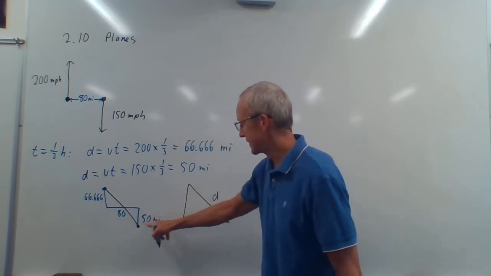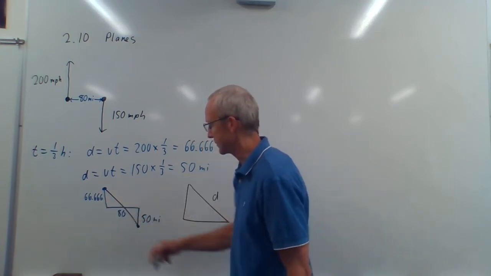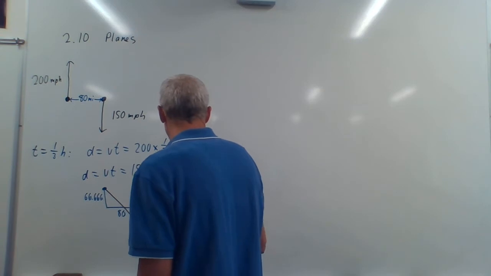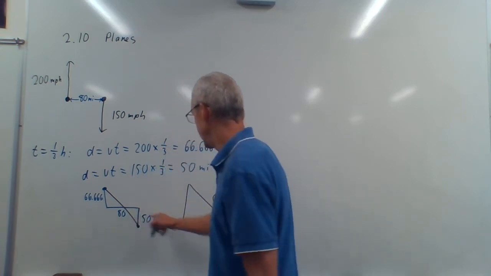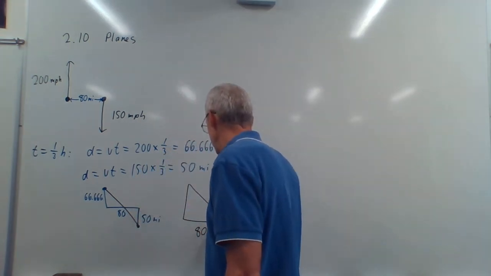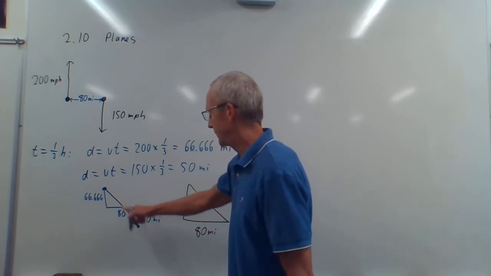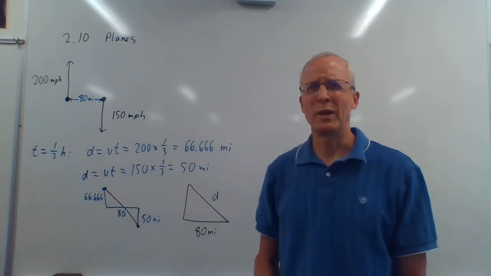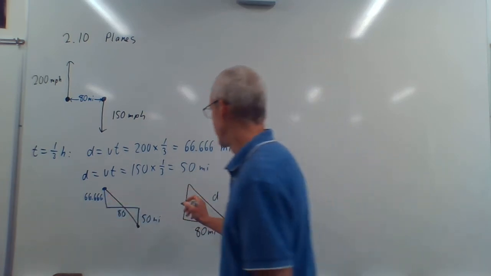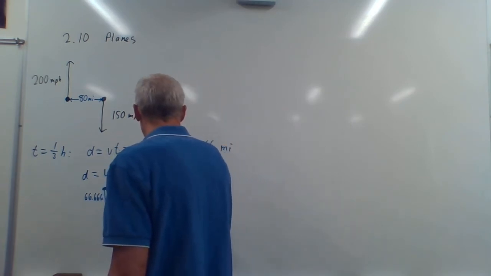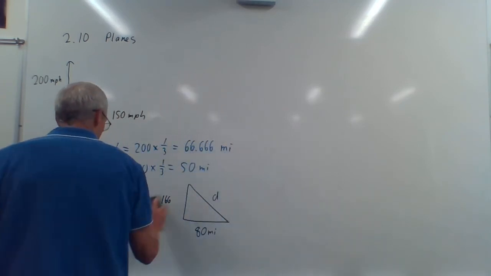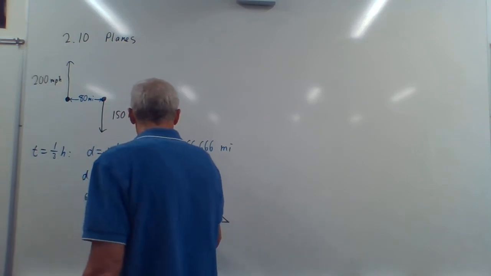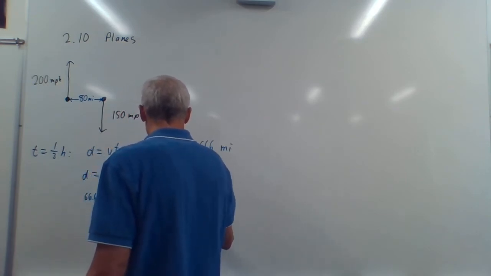The horizontal distance is 50 plus 66.66, right? And this distance here, they're still 80 miles apart that way. So 50 plus 66 would be 116. Oops, not 166. 116.66 forever.